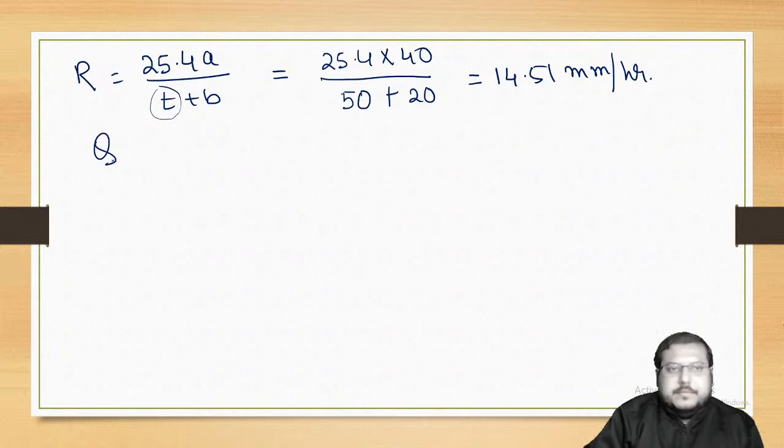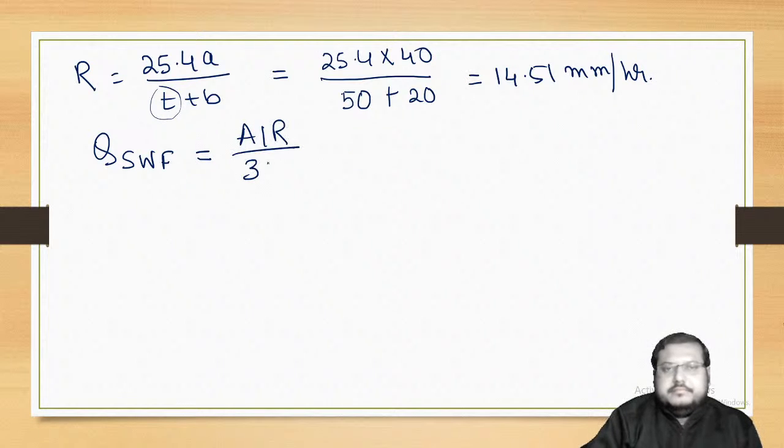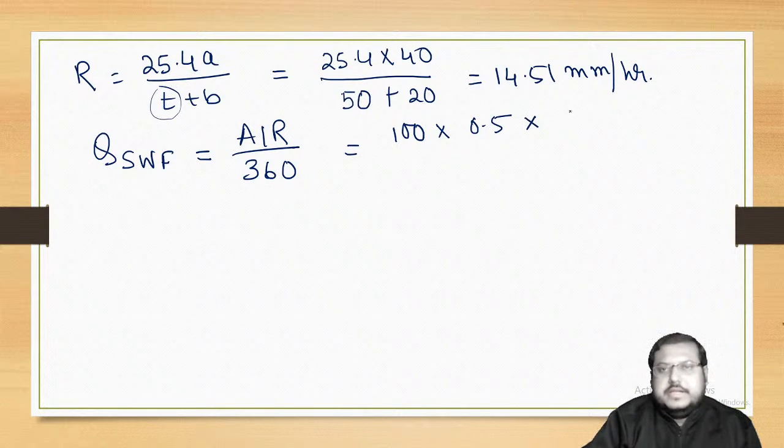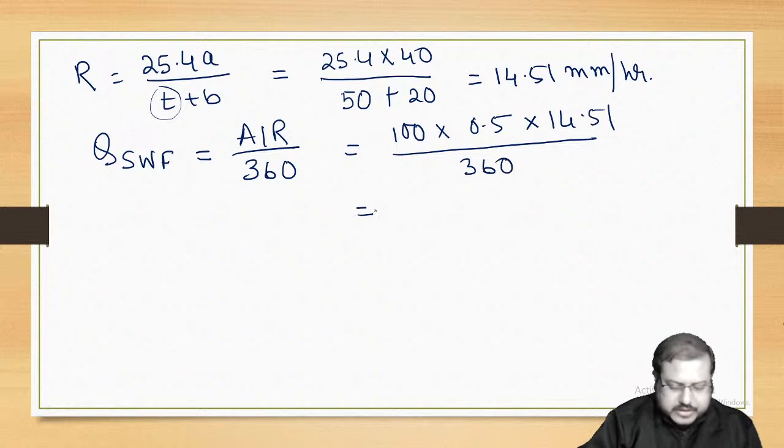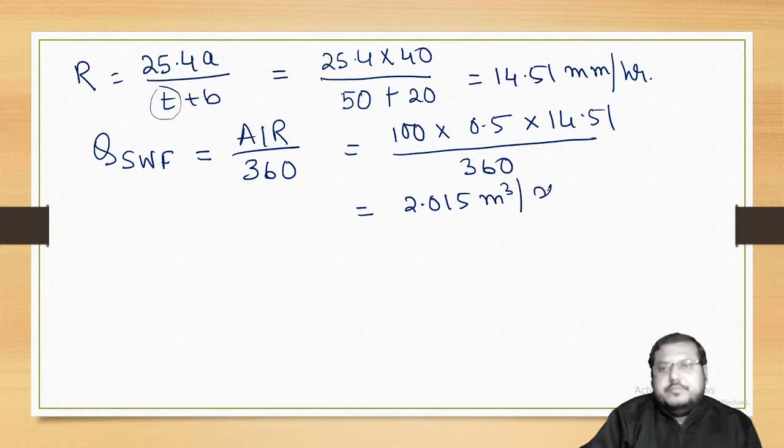Now your QSWF will be what? AIR by 360, where A is the area of 100 hectare. I is given as 0.5 entire, so nothing else is required. R is 14.51 by 360. So get the answer as 2.015 meter cube per second. But they're asking what?